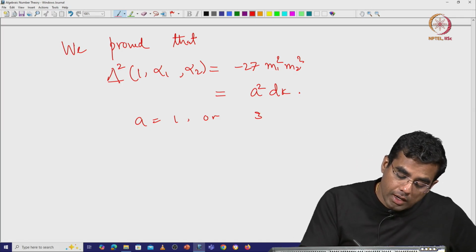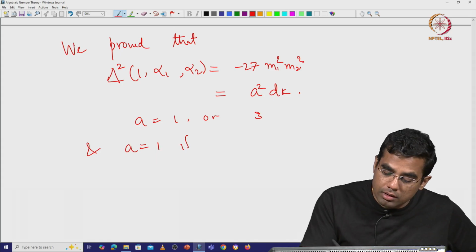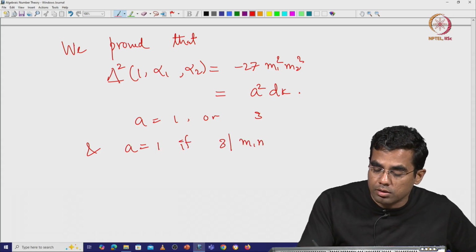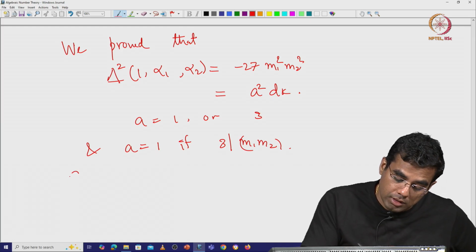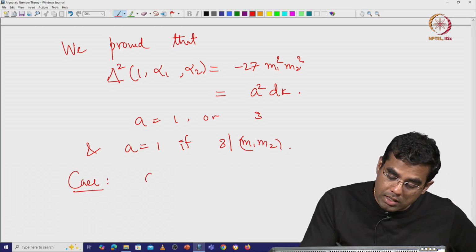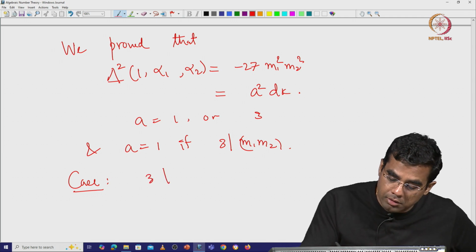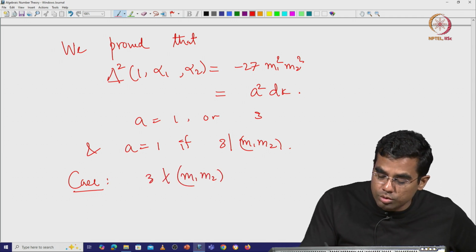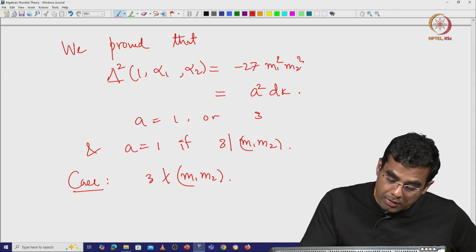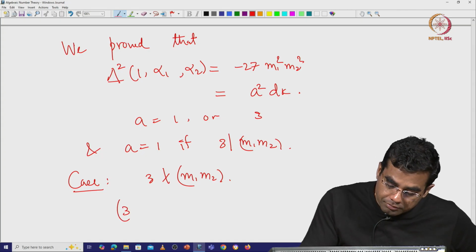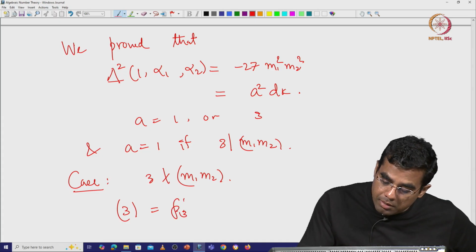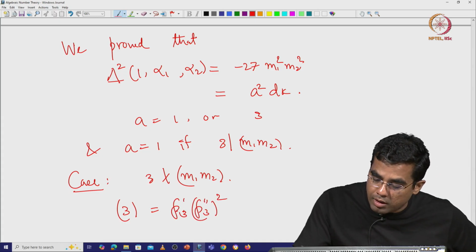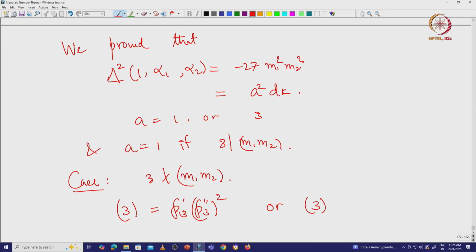And we proved that a is 1 if 3 divides m1 or m2. So the remaining case is when 3 does not divide m1 m2. What happens in that case? There are two sub cases: 3 is p3 prime p3 double prime squared, or 3 is totally ramified and it is p3 cubed.